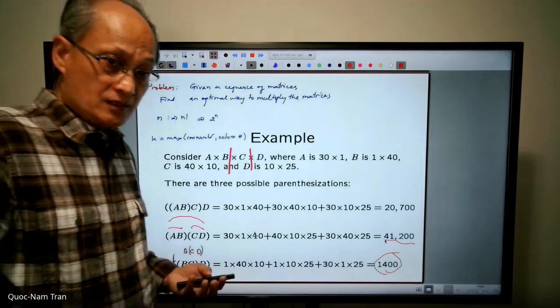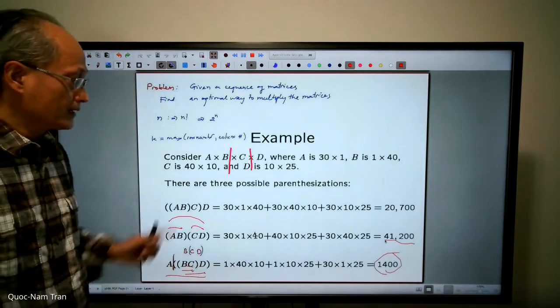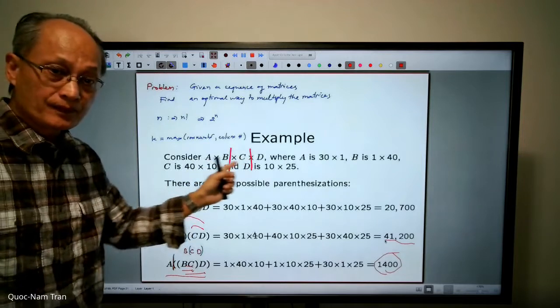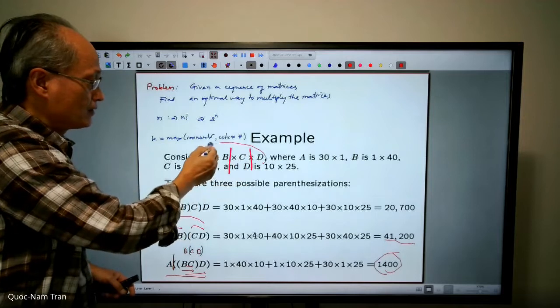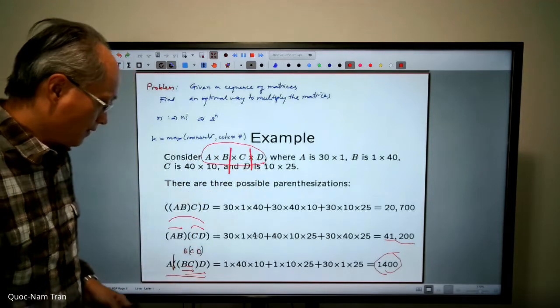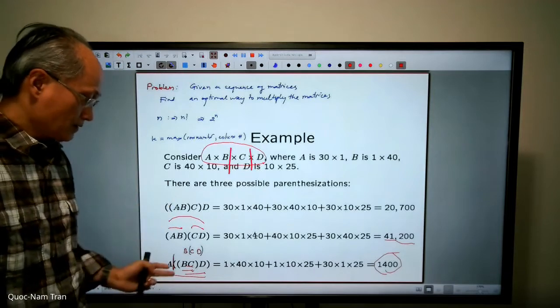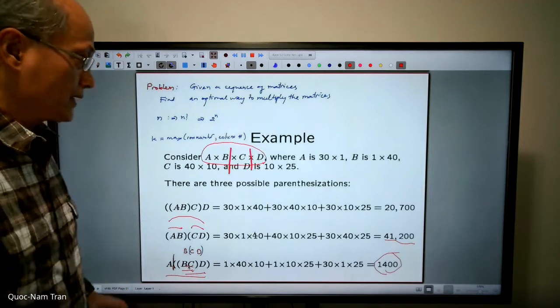So that is why we want to find out the best way to multiply the matrices. We have 4 matrices, A, B, C, and D. What would be the best way to multiply them? Whether AB first or BC first. So how can we do that?